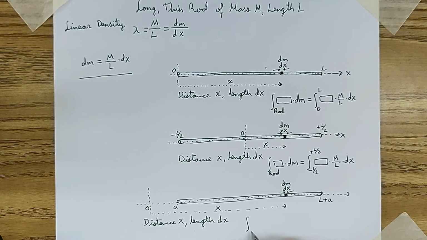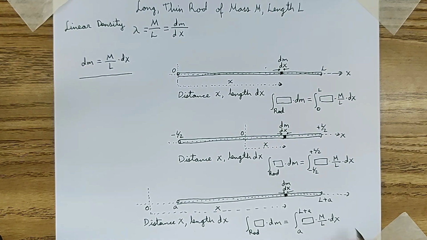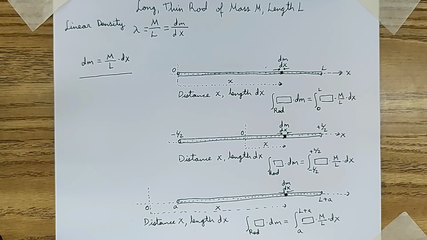Therefore, when you do the integral over the rod of your function dm, that is equal to the integral from a to L plus a of the function times m over L dx. So that is the method to transform the mass differential dm into a spatial differential dx.